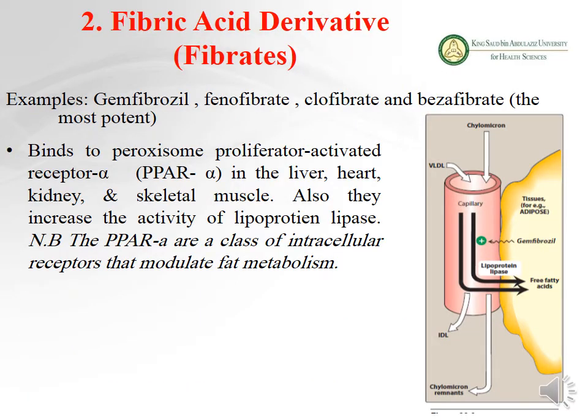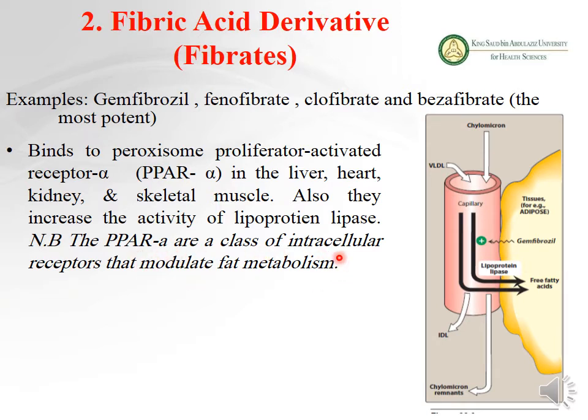The second class in this category is the fibric acid derivatives. They are also called fibrates because these drugs end with fibrate: fenofibrate, clofibrate, or bezafibrate. All these are fibric acid derivatives. What they basically do is bind to the PPAR-alpha receptors in the liver, heart, kidney, and skeletal muscles and modulate the fat metabolism.